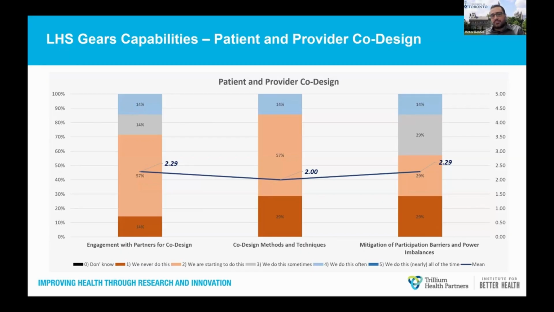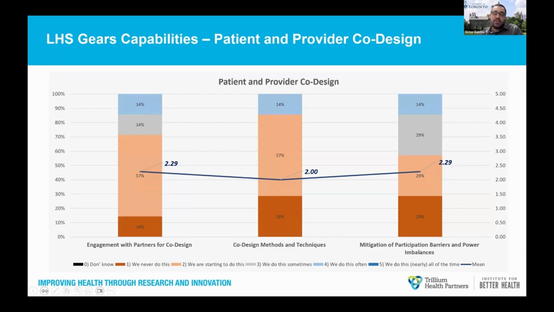And so if you were to prioritize here, I would potentially focus on co-design methods, and the third one, where we have a 2.29 mean score, but there's a wide range of variability. So 14% of people said we do this often. No one said we do this nearly all of the time.